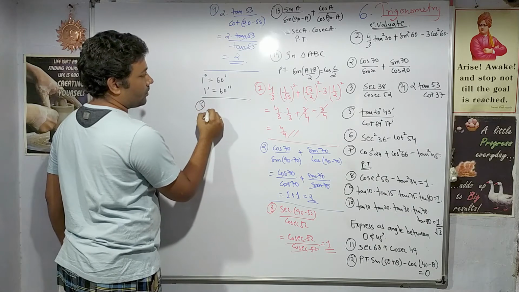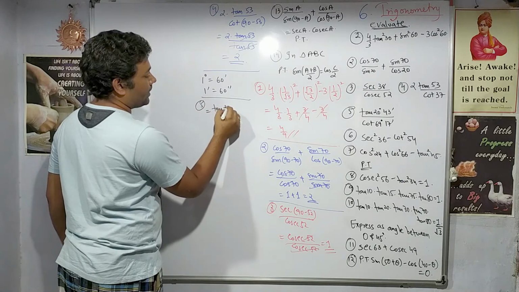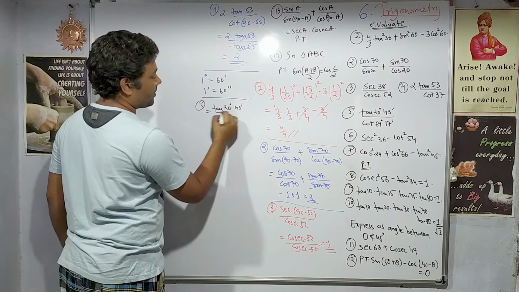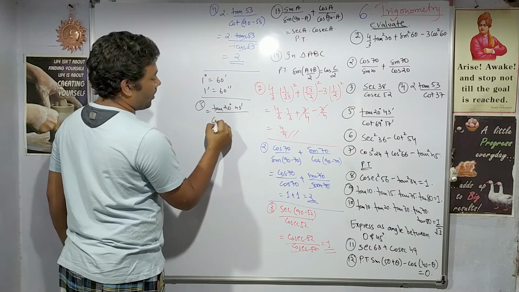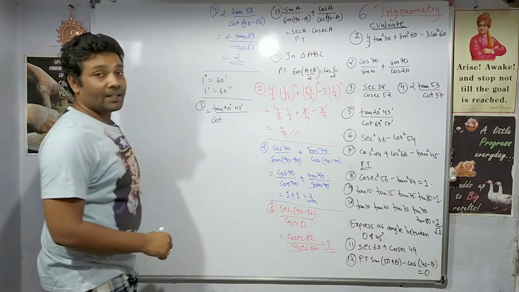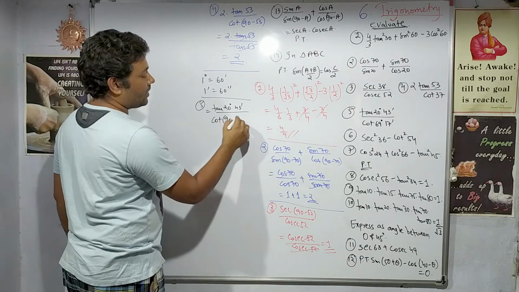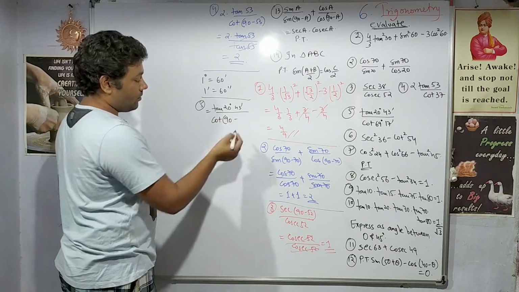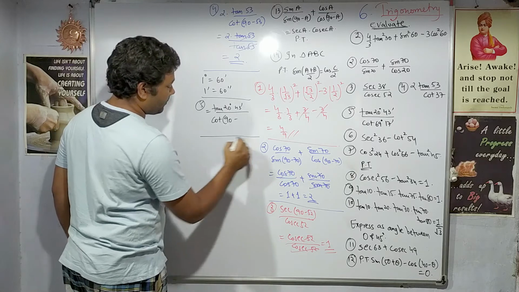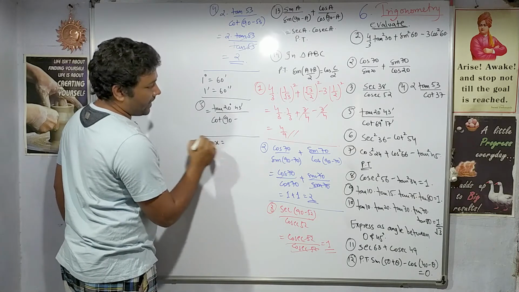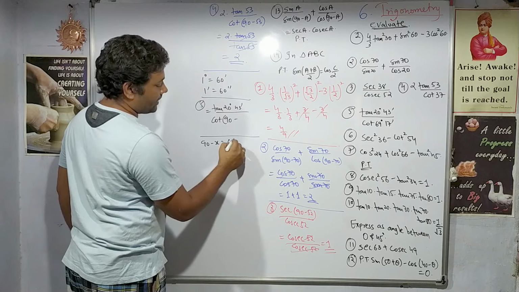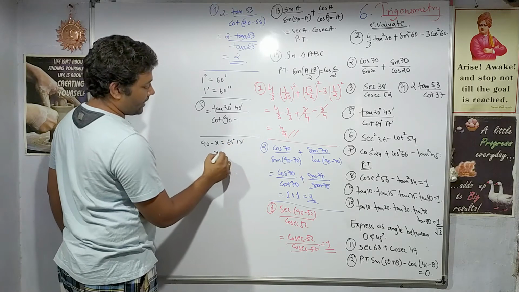Now let us start the fifth question. 20 degrees 43 minutes, then cot 69 degrees 17 minutes. How can we write 69 degrees 17 minutes as 90 minus what? If you don't know, you can calculate this way. Let us do the rough work. 90 minus x is 69 degrees 17 minutes. Let's find x.